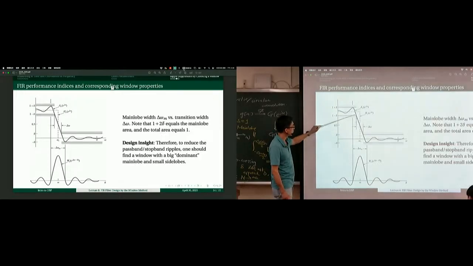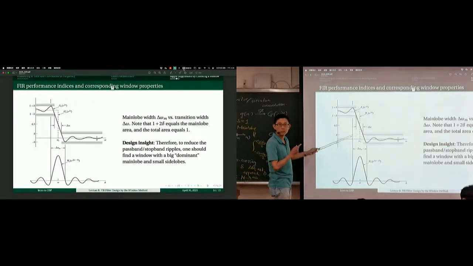That's how the transition width is defined. And what are these two corner points? 1 plus delta and 1 minus delta. 1 plus delta corresponds to the main lobe width, but 1 minus delta is what we define to be the actual transition width, between the two corner points.